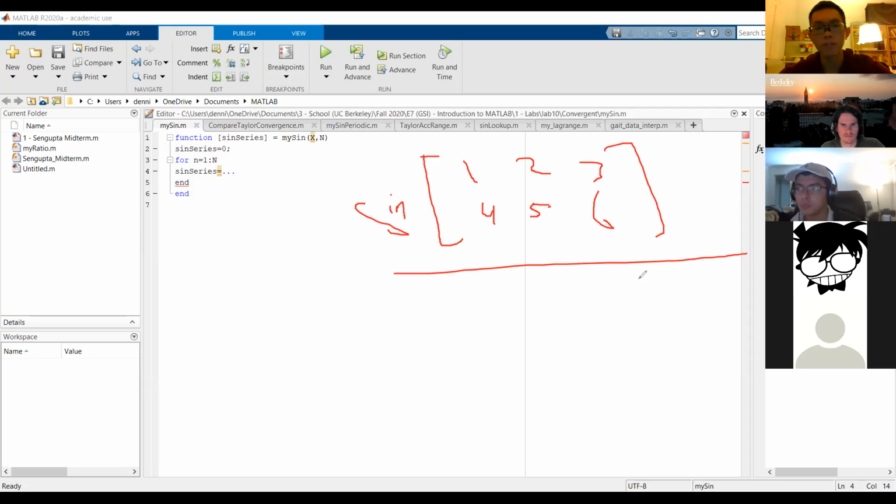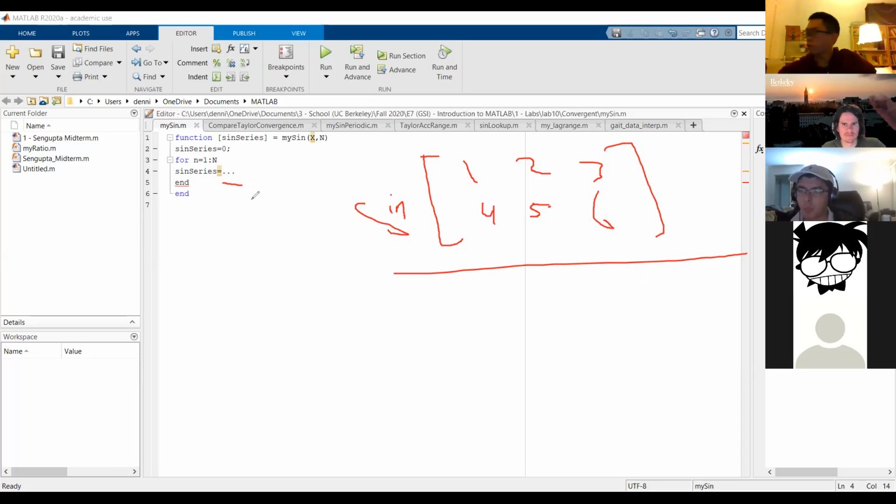But it's not going to be the exact sine. It's going to be the nth Taylor approximation of sine. So it's going to be slightly different than if you just took sine of each of these values. But you can find what this actually is in the PDF, the Taylor expansion of sine.